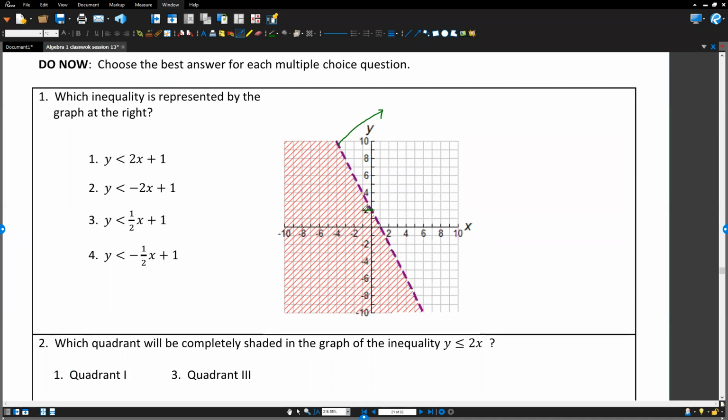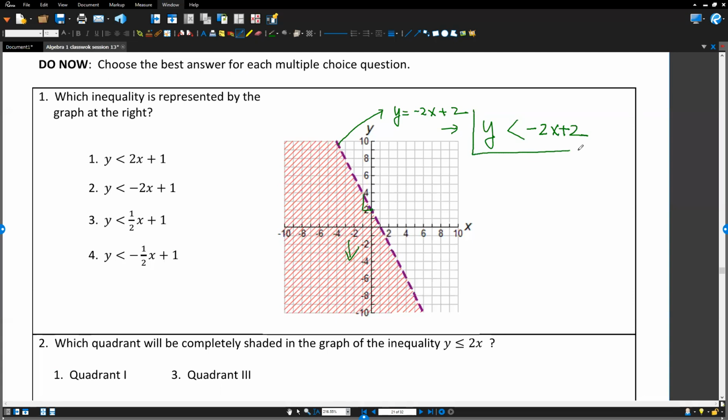The slope is what? 1 left, 2 up is negative 2, isn't it? The equation is y equals negative 2x plus 2. That's the equation of this line. But there is a dashed line and the lower part shaded. The inequality is y is less than, dashed means no equal sign.